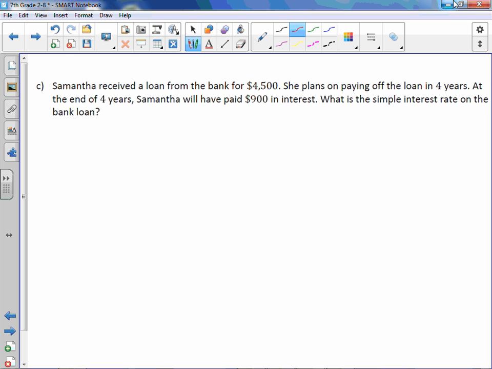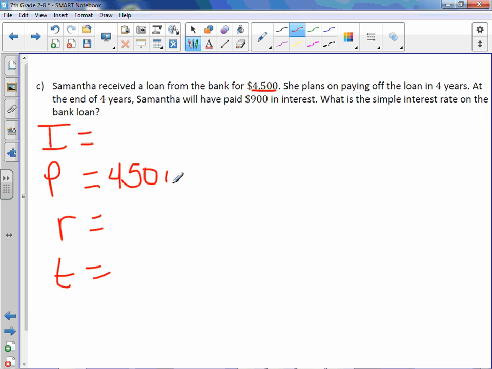Letter C. Samantha received a loan from a bank for $4,500. That's the principal. She plans on paying off the loan in 4 years. That's the time.